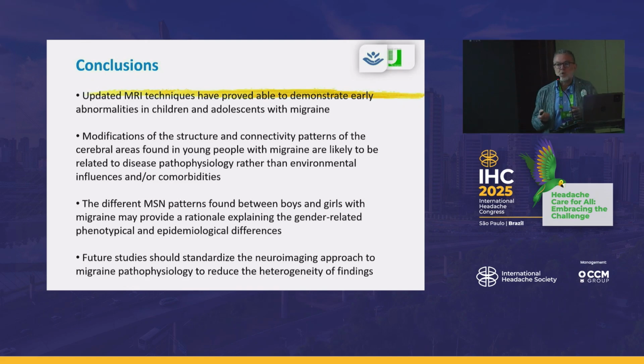The difference we found in both studies, the one focusing on cortical thickness and this one with morphometric similarity mapping, between male and female, can represent the rationale explaining the well-known gender differences in phenotypical characteristics and in epidemiology.